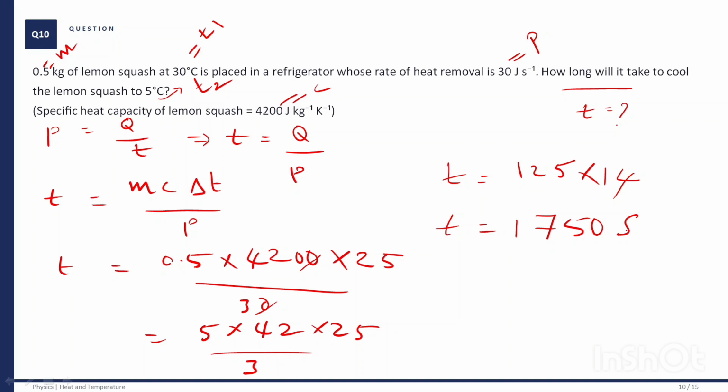If you want it in minutes, divide by 60. You will get time t equal to 29.2 minutes approximately. Otherwise, if you want, time t equal to 29 minutes and 12 seconds.